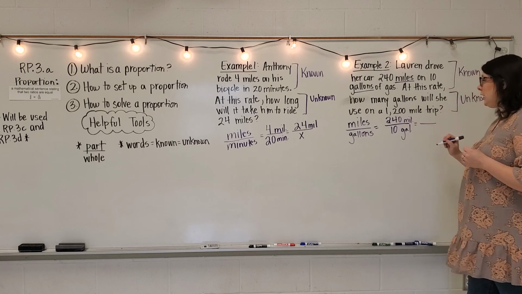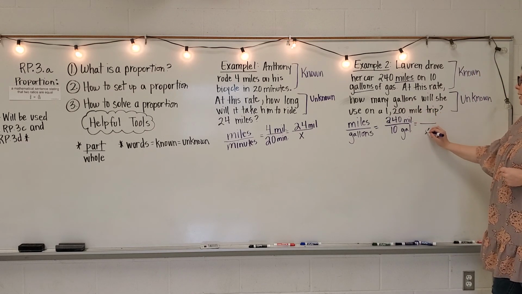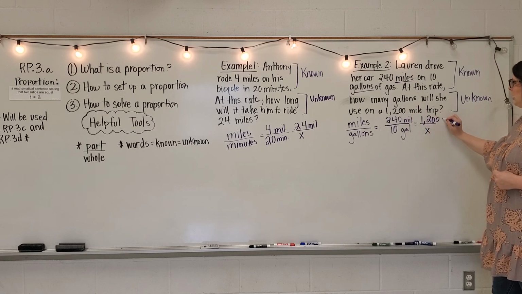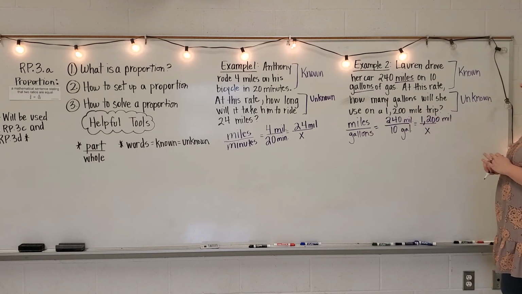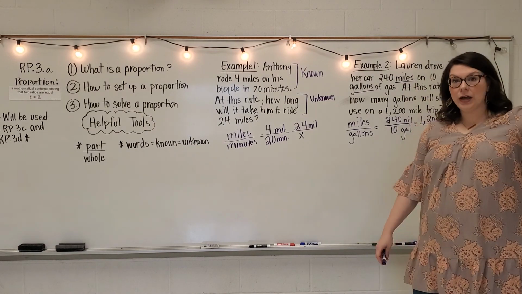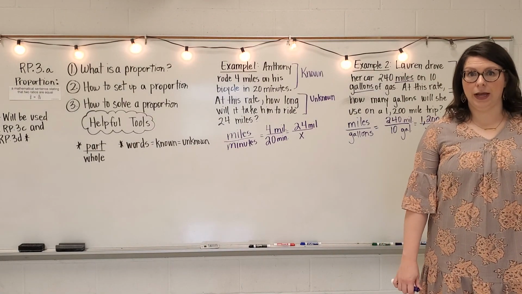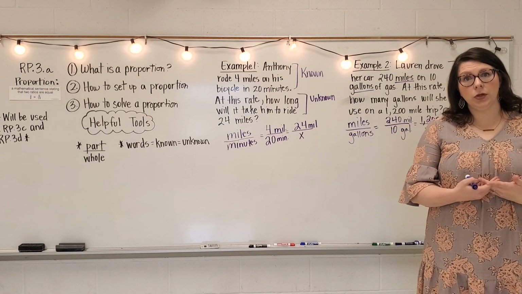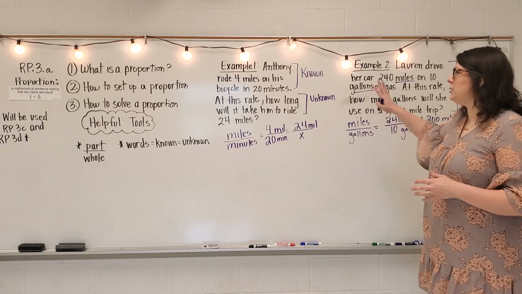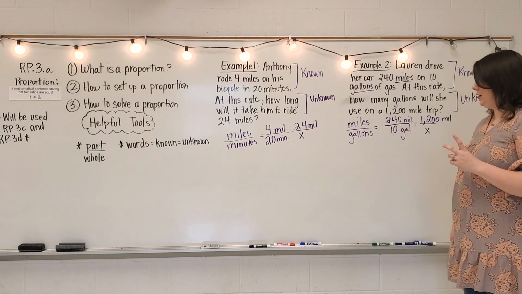What we are looking for in our unknown is how many gallons, so we're going to put our x here, for every 1,200 miles. Now, remember in your setup, the order has to be the same all the way across. Numerator has to be the same, denominator has to be the same, okay? If there's a question about the order, you put part over whole, okay? In these two situations, that order was not questioned, it gave it to us.